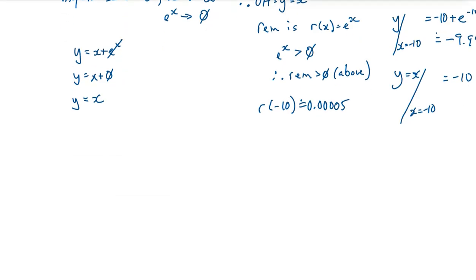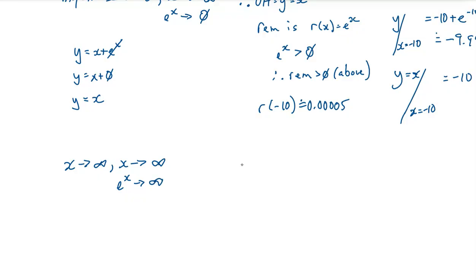So that is only to the left. Now we have to do to the right. X goes to positive infinity. E to the x goes to positive infinity.